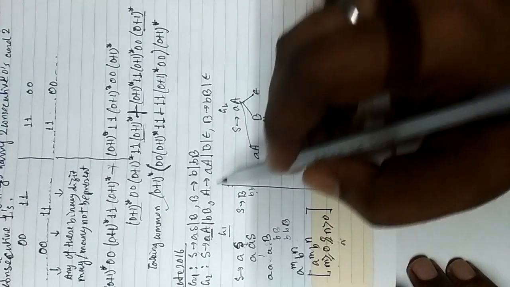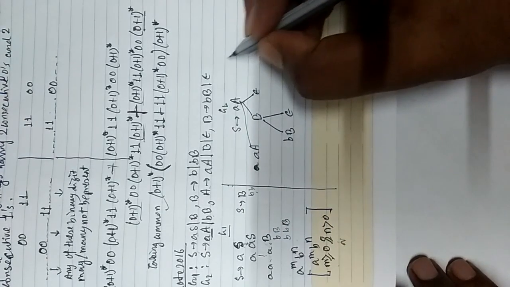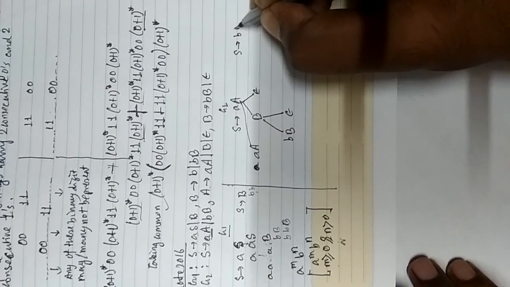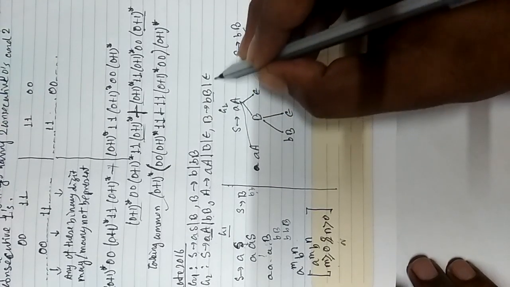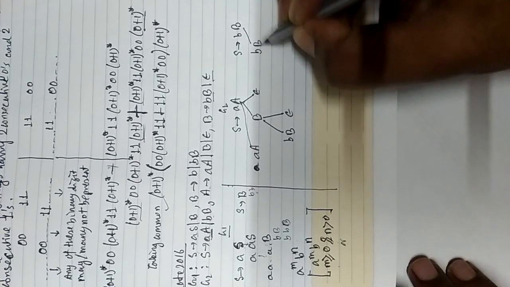Now if you consider another part, that is S2 small b, capital B, where B means either BB or epsilon.